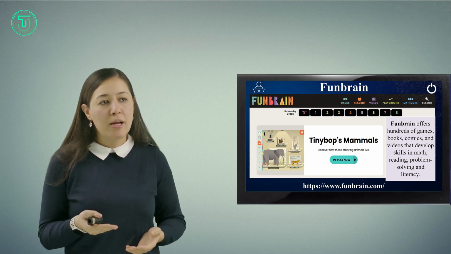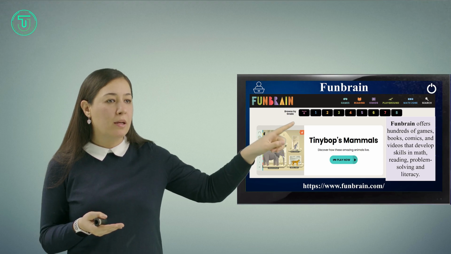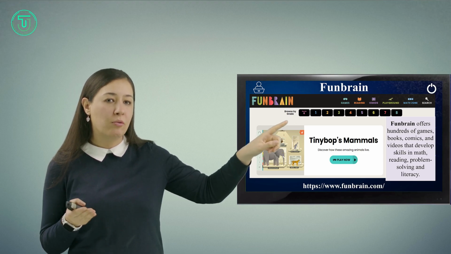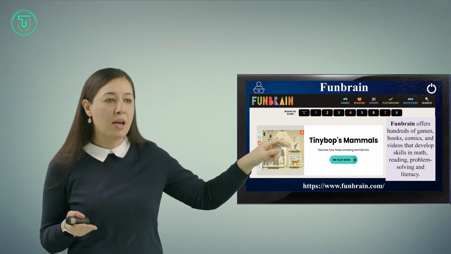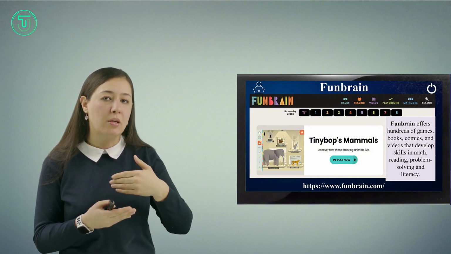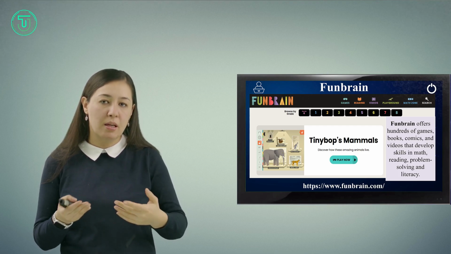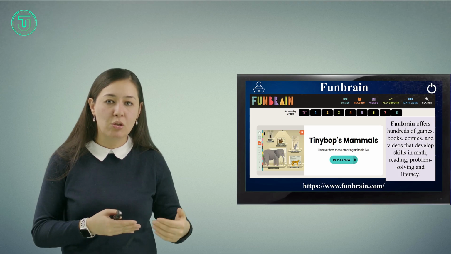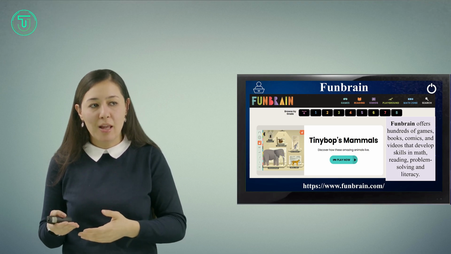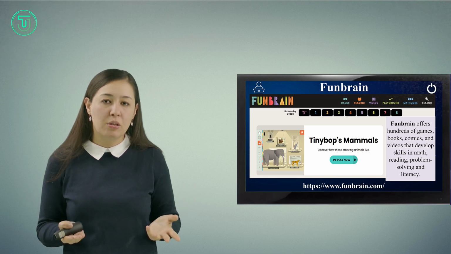As you see from the site, it begins from pre-K, from kindergarten to eighth grade. But I would say that not only till eighth grade can you use it, right? Because we are learners of ESL, English as a second language. So as a second language, you can use funbrain.com even as an adult learner.